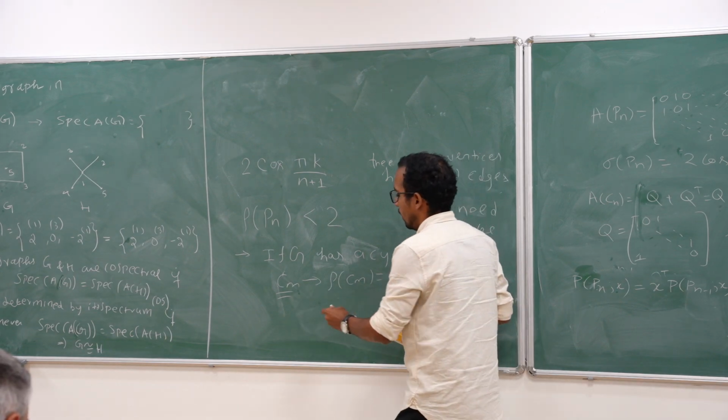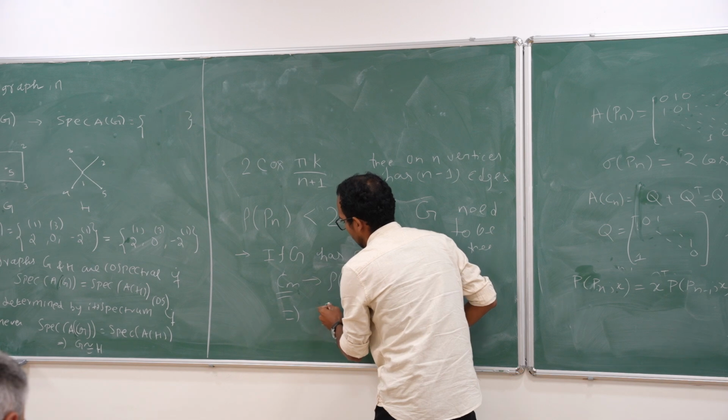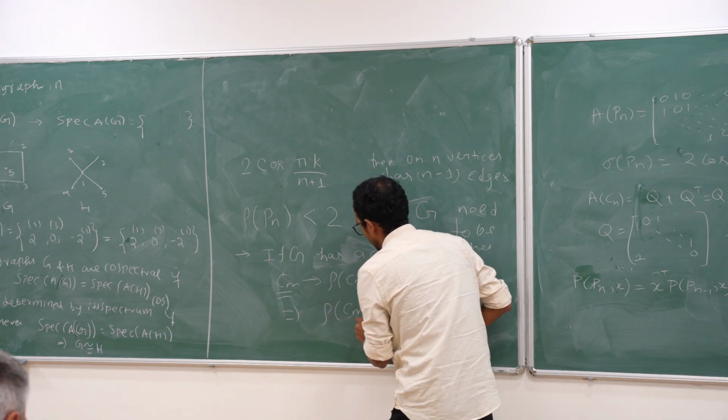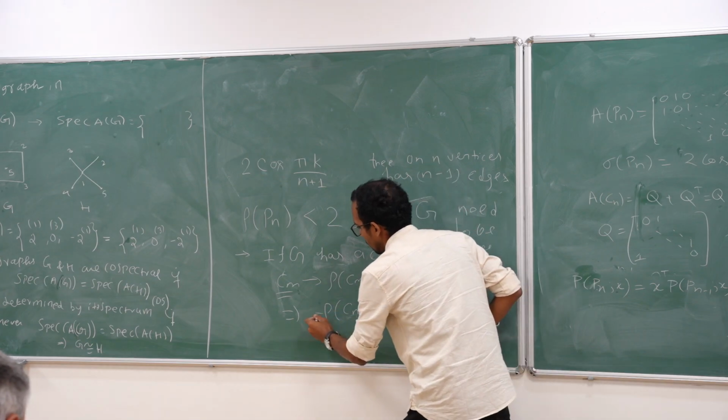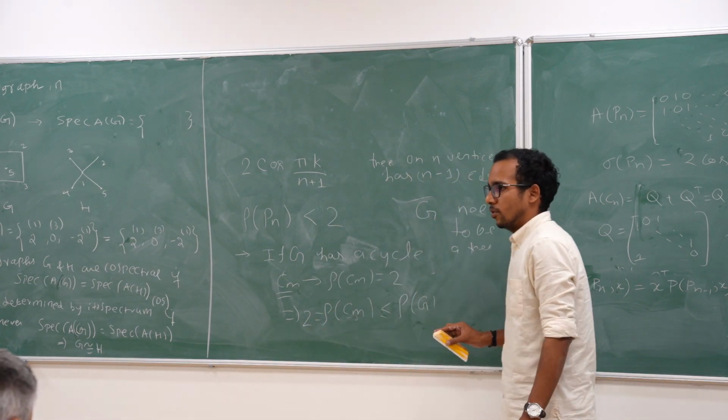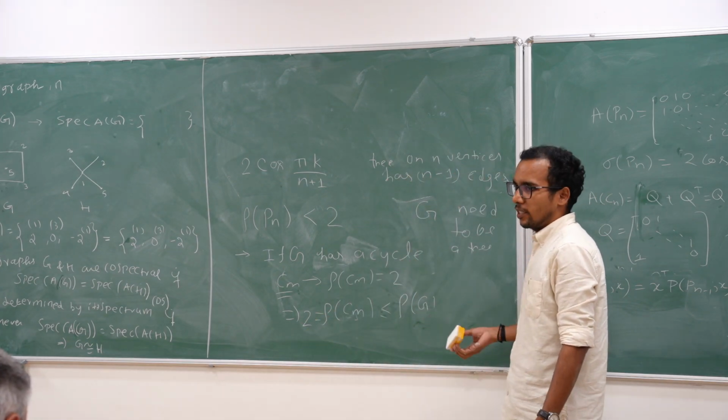Now we can use the interlacing theorem. Then the spectral radius of Cm is less than or equal to the spectral radius of G, which is equal to 2. So G cannot have a cycle.